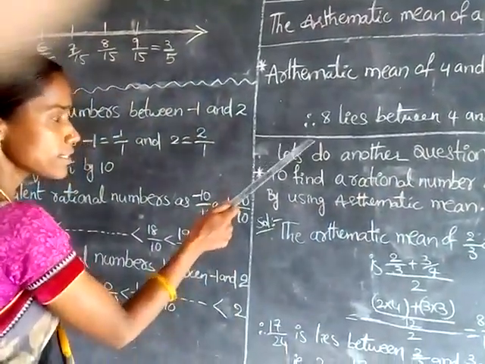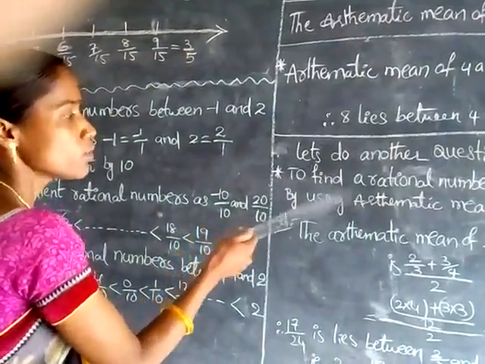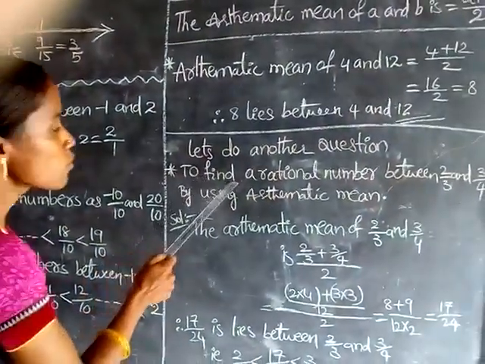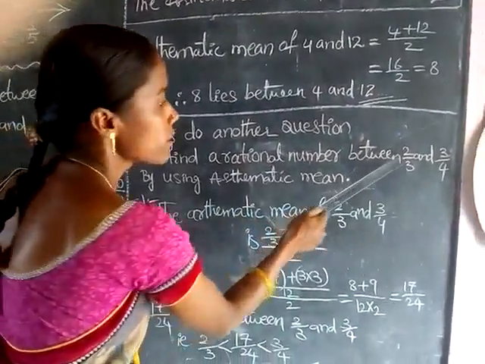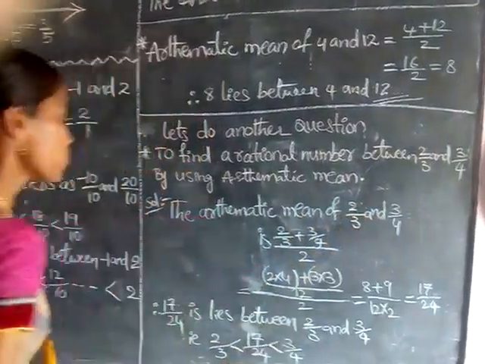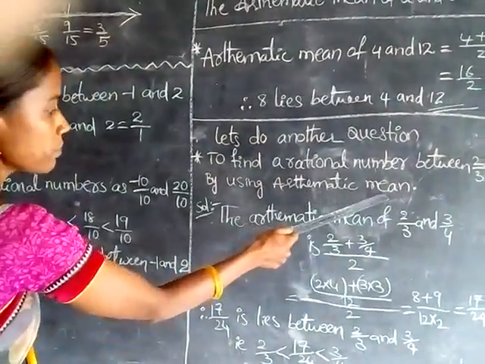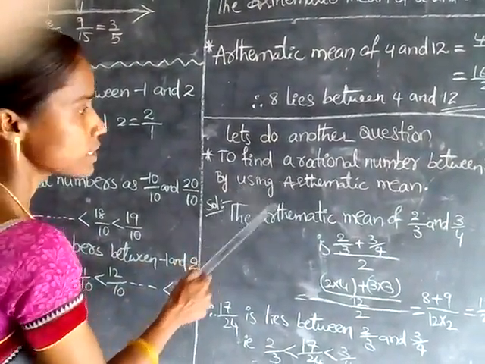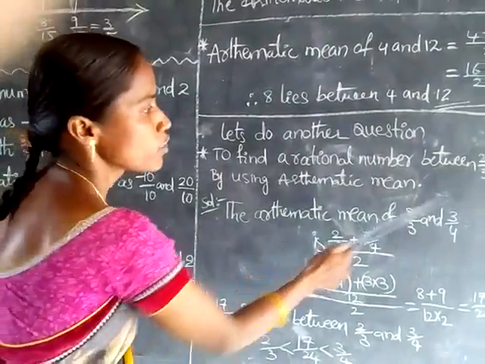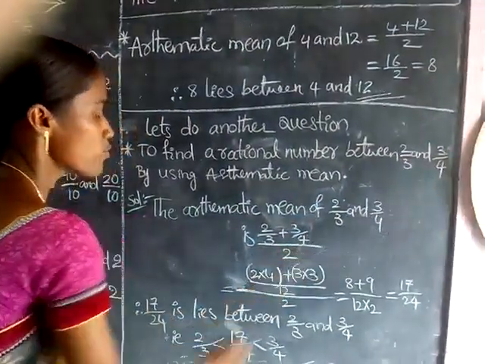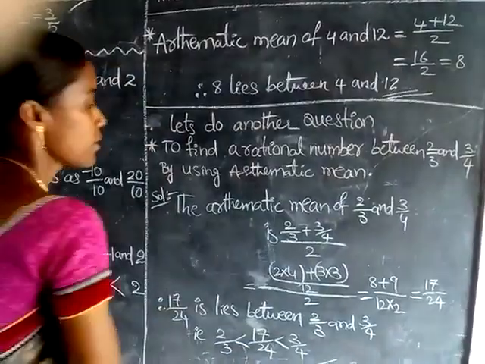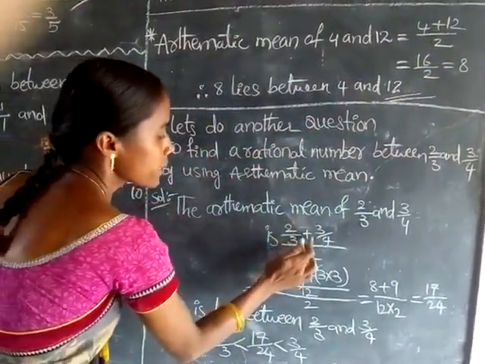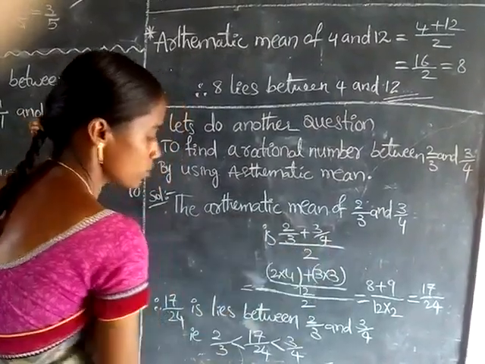To understand this clearly, let's do one more question from exercise 1.2: find a rational number between 2/3 and 3/4 by using the arithmetic mean. In the solution, see children, the arithmetic mean of 2/3 and 3/4 is (a+b)/2, that is (2/3 + 3/4)/2.